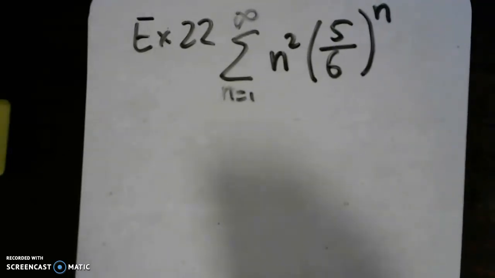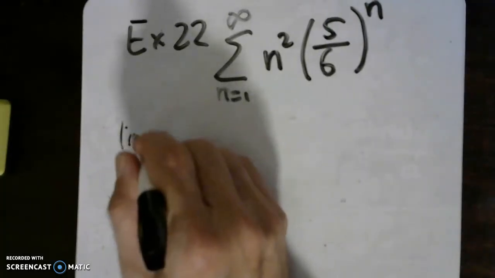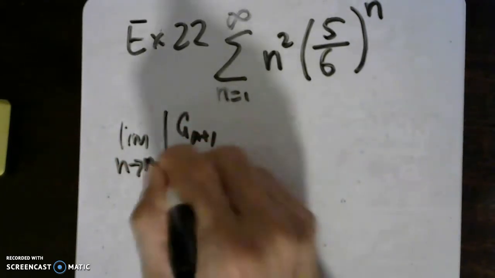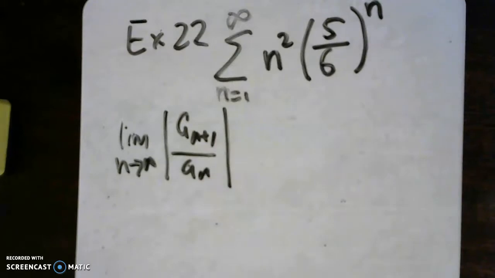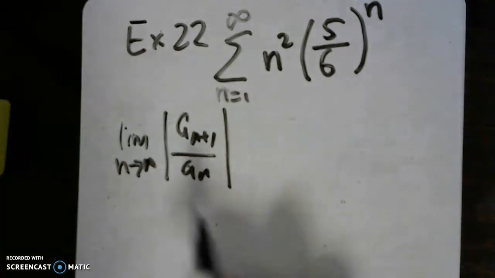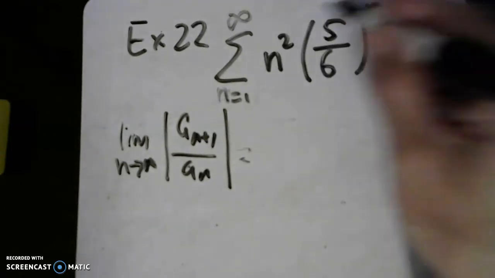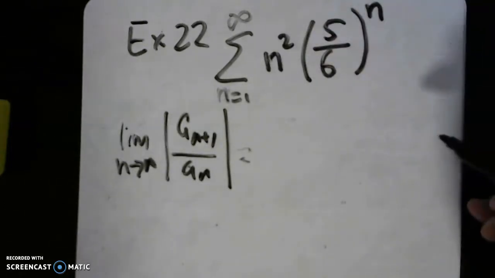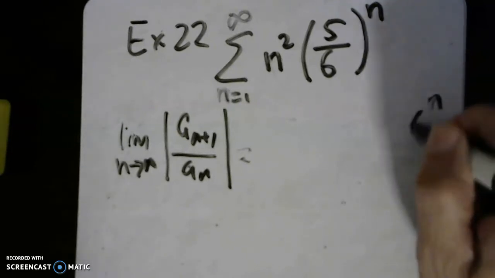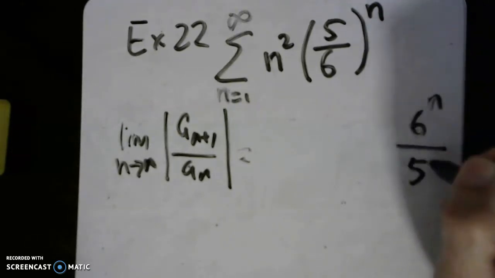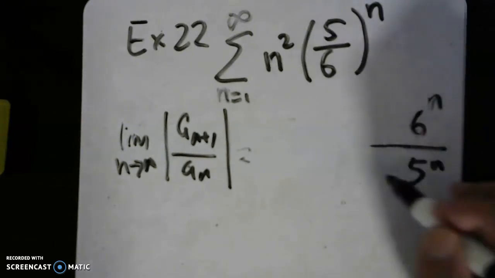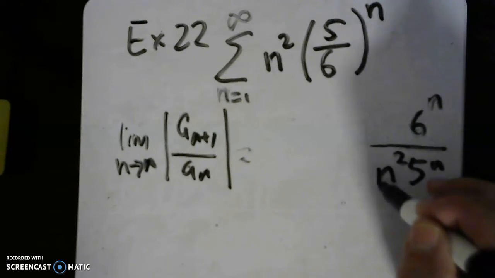So the first thing we need to do is to find the limit of this quantity over here. Because a_n is on the denominator, you have to take this thing, which is called a_n, and flip it. So if you flip this, you will get 6 to the n over 5 to the n, and n squared is on the denominator, like this.